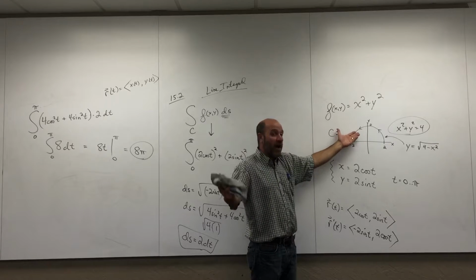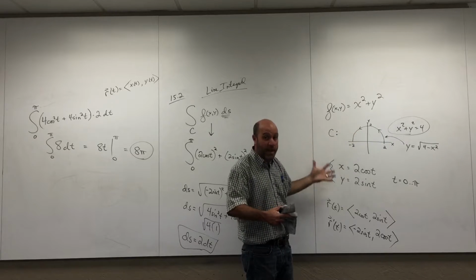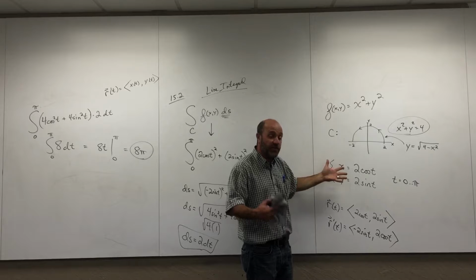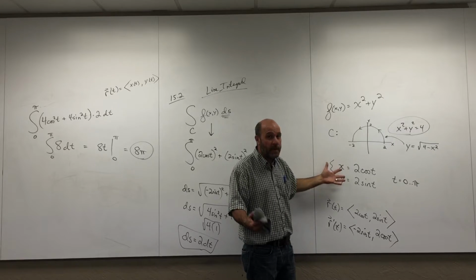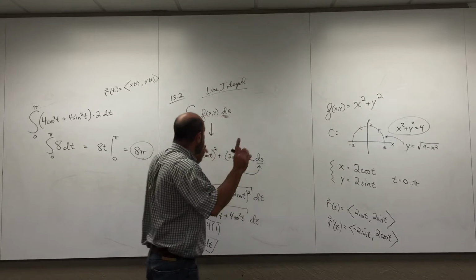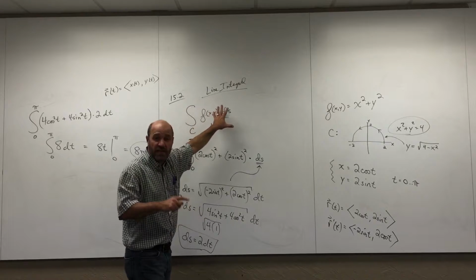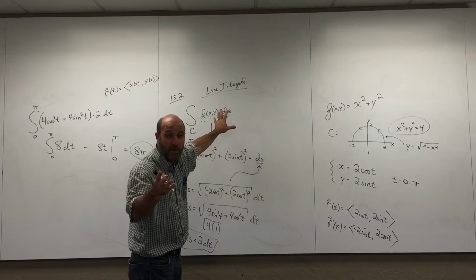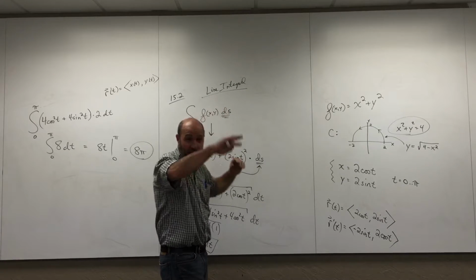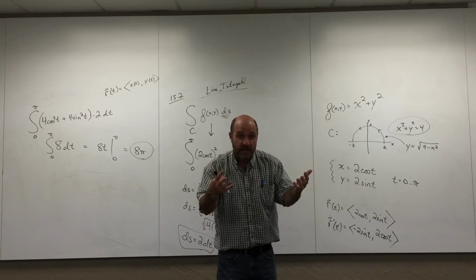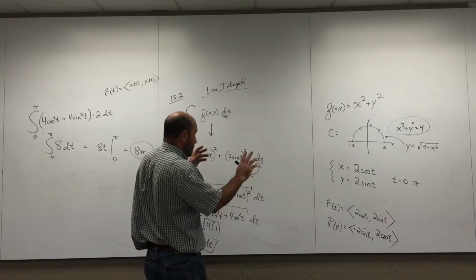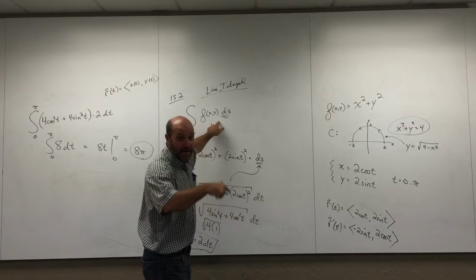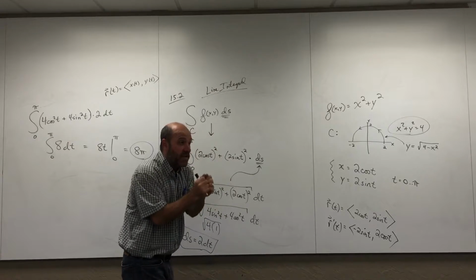And so our problem started with us trying to parameterize the curve, to put it in terms of t. Notice this thing is a single integral, and if it's a single integral, it needs to be done in a single variable. It's not a double integral where you have x's and y's. So we did have x's and y's, but it needed to be translated into a single variable.